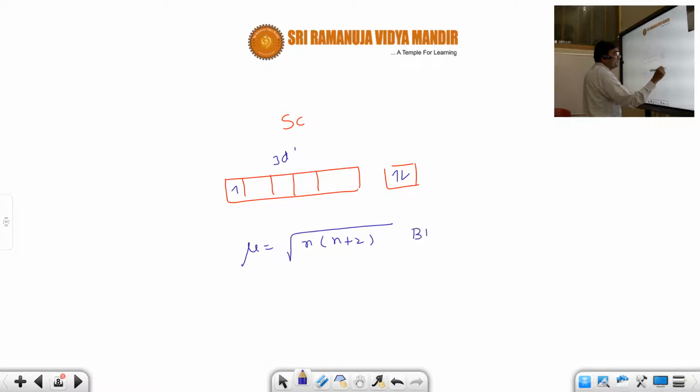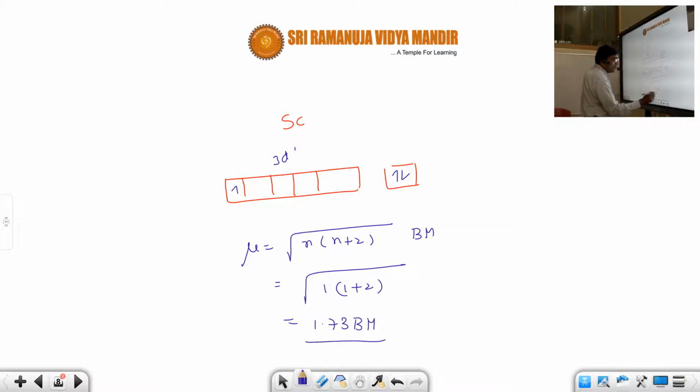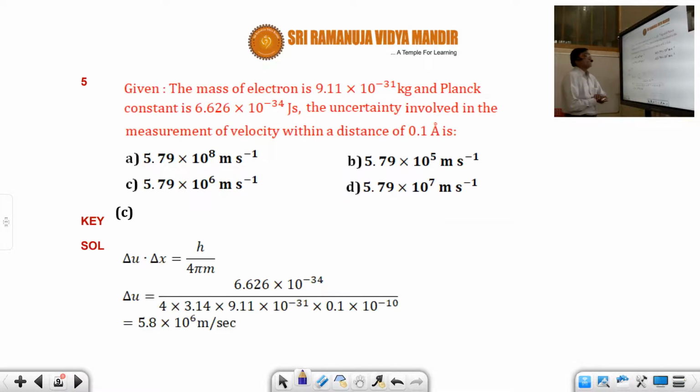That is equal to root over 1 into 1 plus 2. It comes out to be 1.73 Bohr magneton. I hope you understood how to calculate the magnetic moment for any species, whether it is an ionic species or an element.